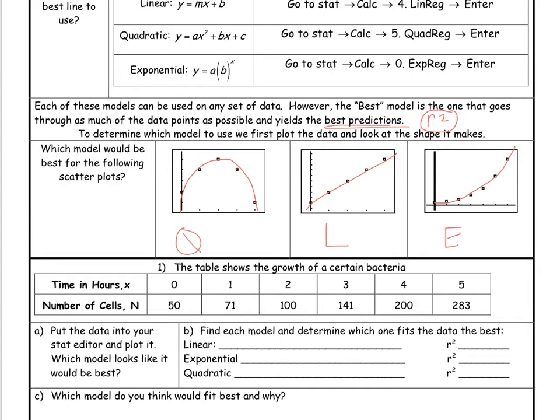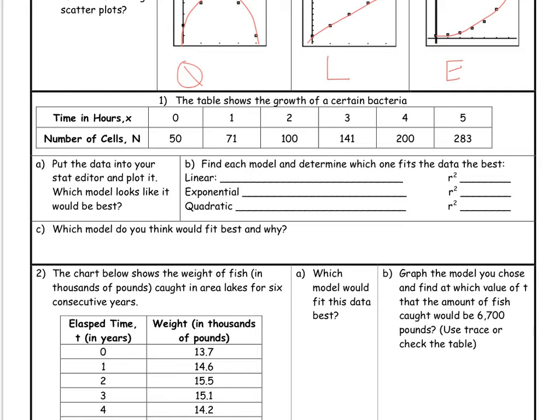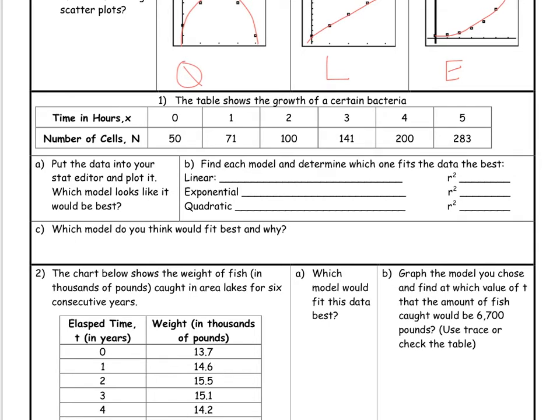So we're going to take a look at bacteria growth in question number 1. Our x is measuring the time in hours, and our y is measuring the number of cells. So at 0 hours we start out with 50 cells, after 1 hour there are 71, after 2 hours there are 100. So we're going to put your data in your stat editor and plot it.